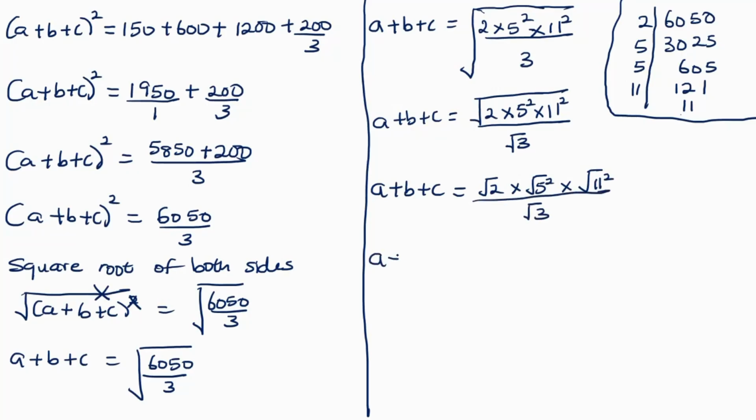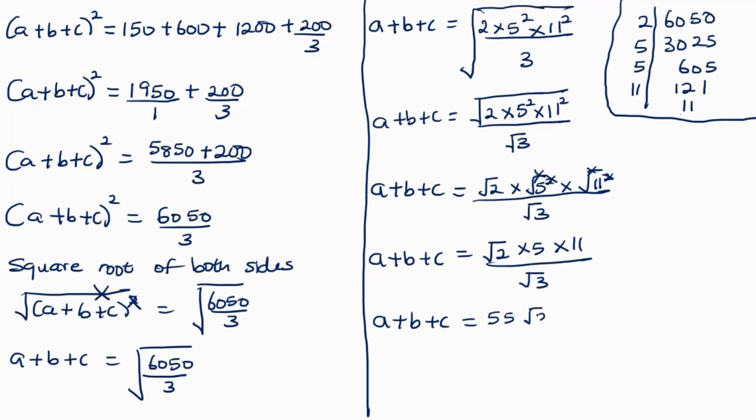And we have that a plus b plus c is equal to the root of 2. This cancels this, we have multiplied by 5 times, this cancels this, we have this to be 11 over root 3. And we have that a plus b plus c is equal to 5 times 11 is 55. So we have 55 root 2 over root 3.